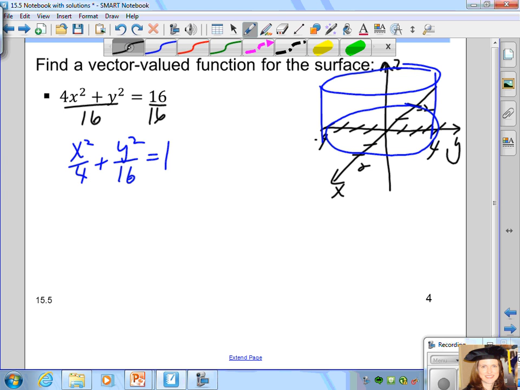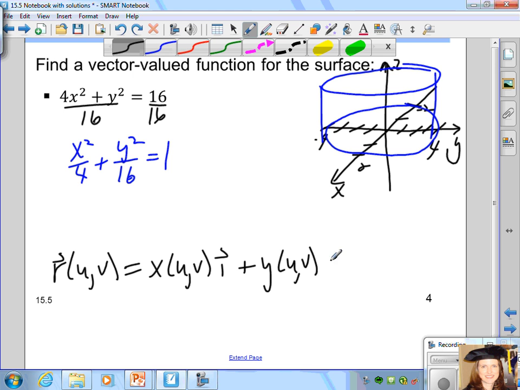Now we want to come up with a vector valued function r in terms of u and v, where r of u and v is going to be equal to some x in terms of u and v i plus some y in terms of u and v j plus some z in terms of u and v k.